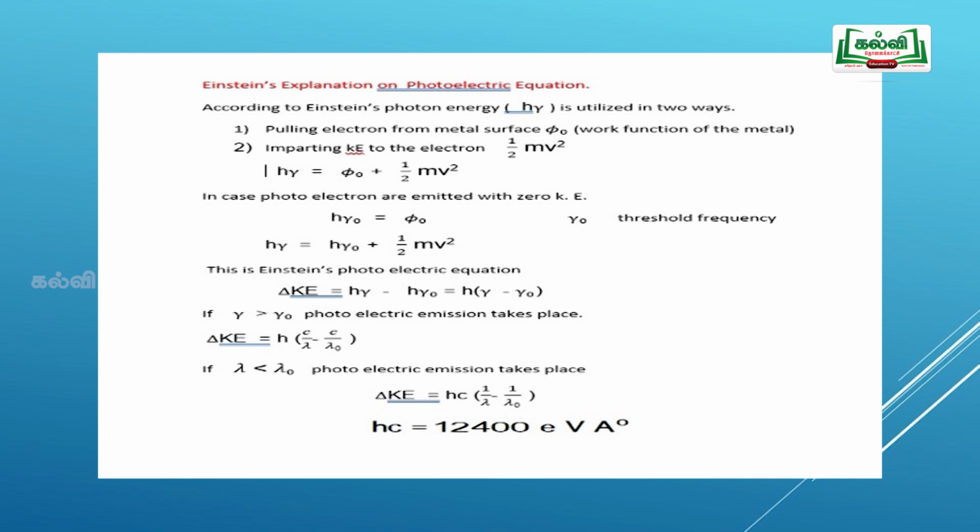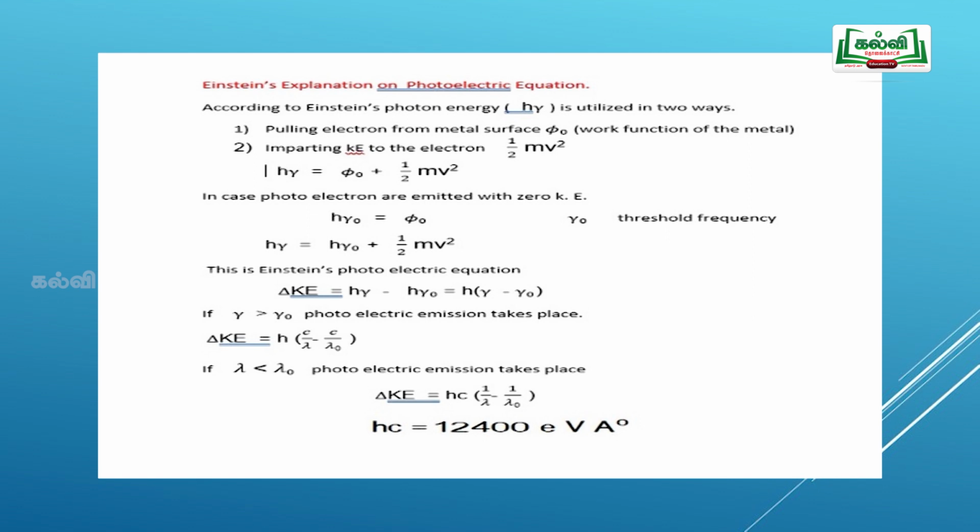When you talk about wavelength, we call that a maximum threshold wavelength because frequency and wavelength are inversely related. If the incident wavelength is less than or equal to the threshold wavelength lambda naught, the photoelectric emission takes place. So, kinetic energy max equals hc times 1 by lambda minus 1 by lambda naught.